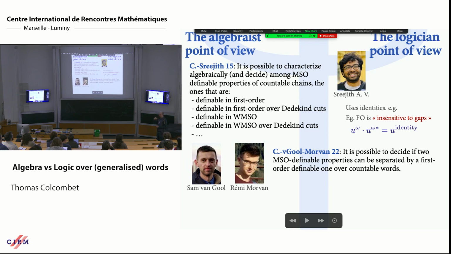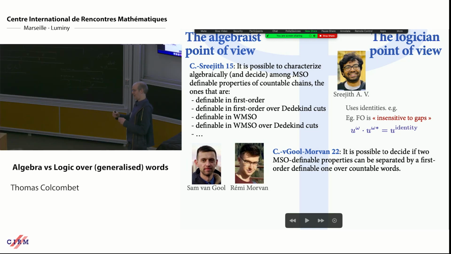So if you give me two MSO formulas that talk about a generalized word of ordinal length, are you able to find a first order formula that is larger than the first one and excludes the other? So it's an extension of classical results over finite words.